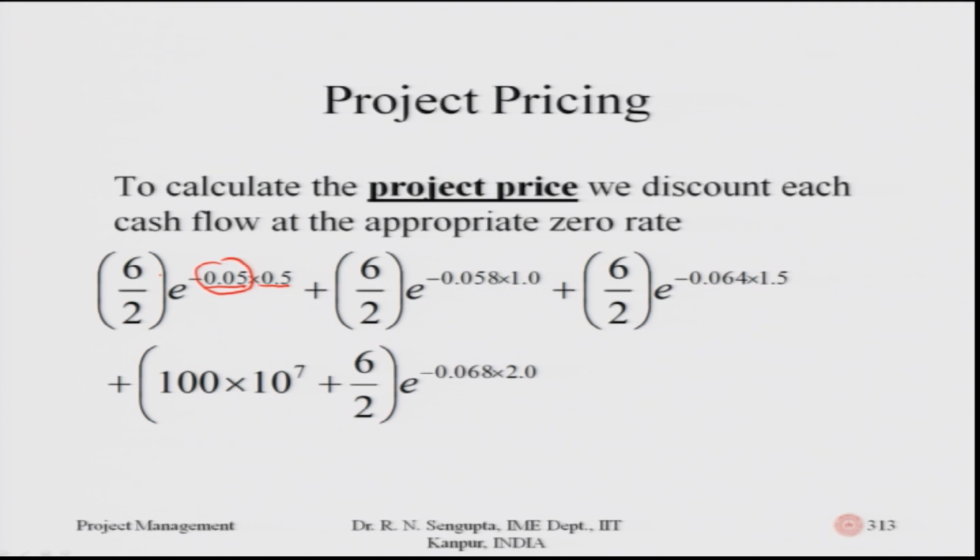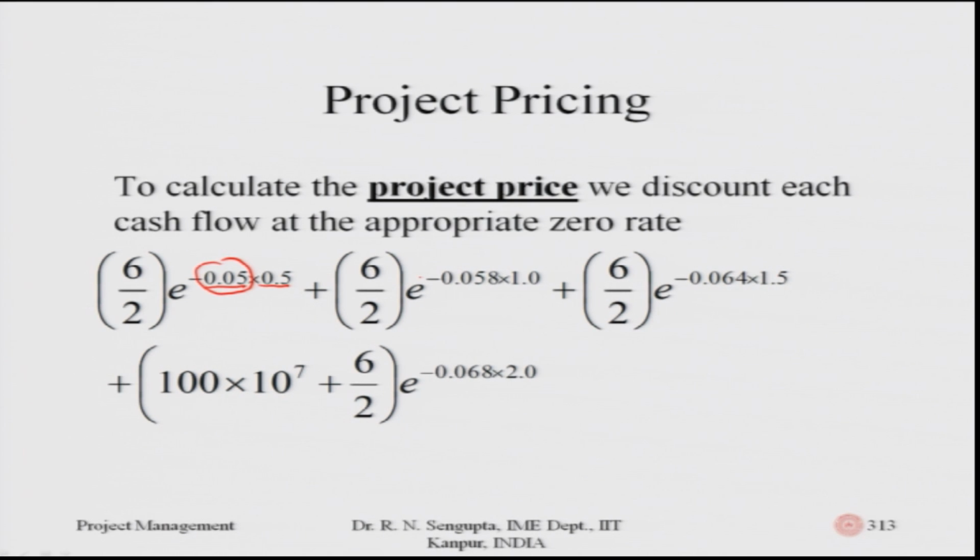If I go to the next term, again semi-annual means 6 by 2. The interest rate for a 1 year period is given as 0.058, which is 5.8%, and the time period is 1.0, which is 1 year. This negative sign, as I mentioned, is the time value calculated as of now.